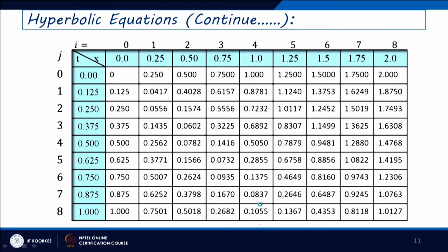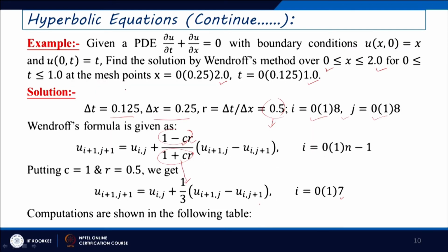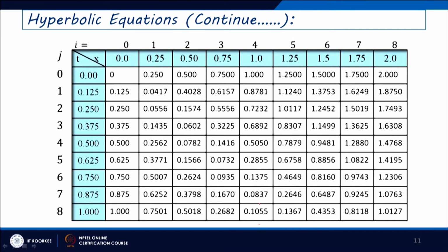For the time scale, if you see here, the time scale is defined starting from 0 to 1.0 with the increment as 0.125. So, that is why you can see these increments in the table here also. So, that is going as 0.0, then 0.125, 0.250, 0.375, 0.5, 0.625, 0.75, 0.875 and 1.0.